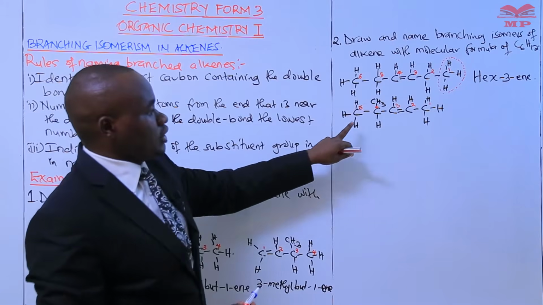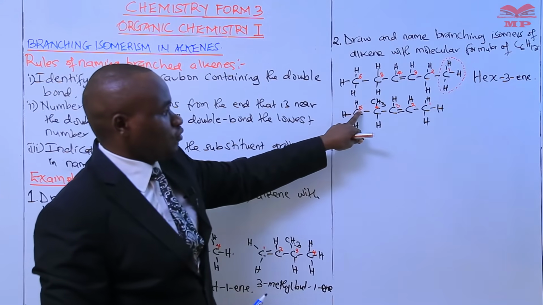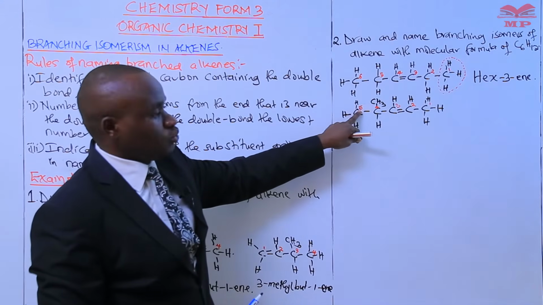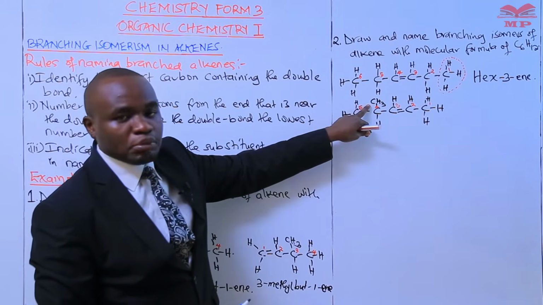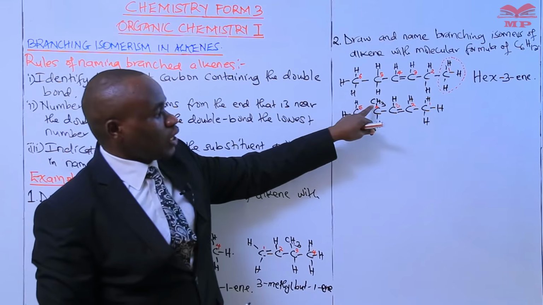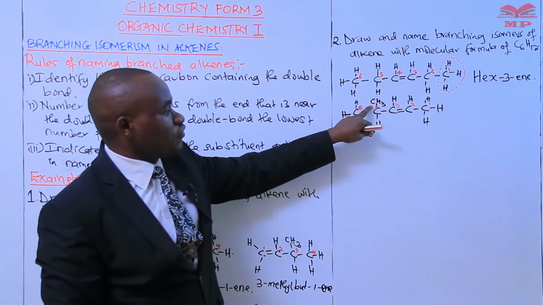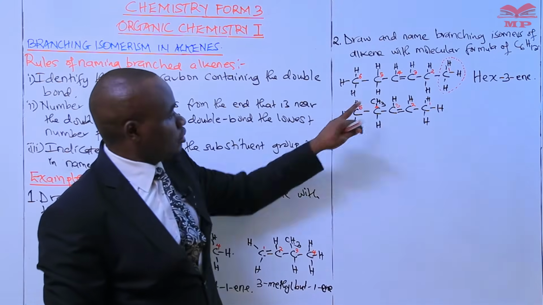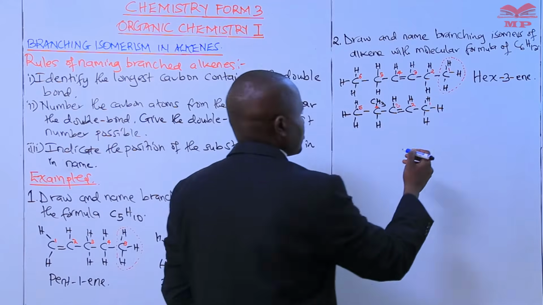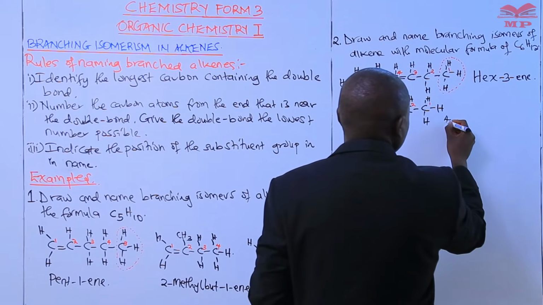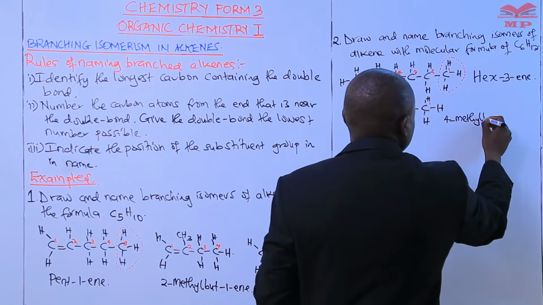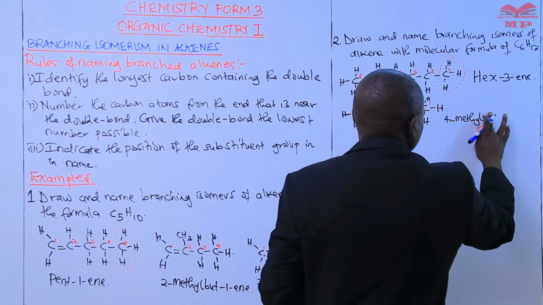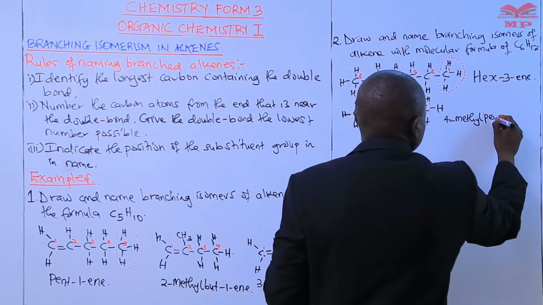So the parent now has 5 carbons, so the prefix will be pent. The branch is located on carbon number 4, according to this numbering, and that branch is methyl. Therefore, the correct name will be 4-methyl pent.